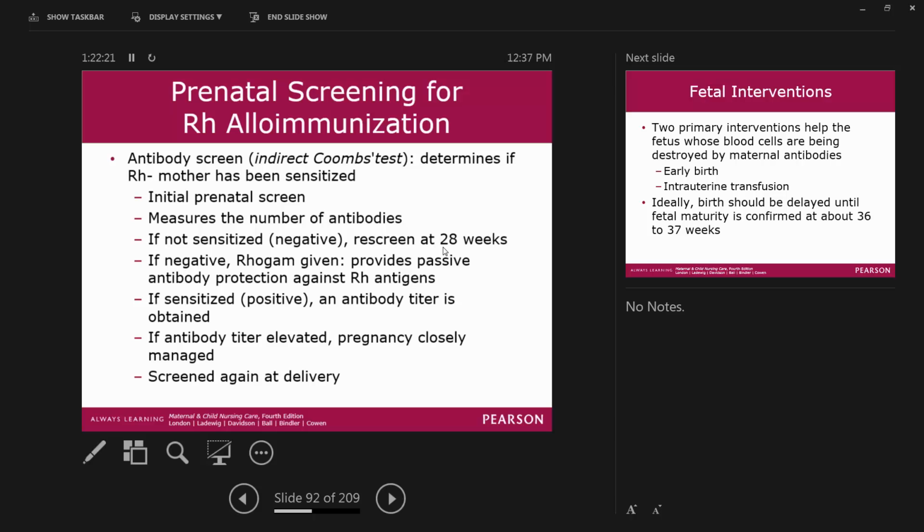Okay? And then when she goes and delivers, if her baby is Rh positive, then we test mom again, and if she's not sensitized, we dose her again. Okay? And this will hopefully prevent her from developing antibodies, so when she has a subsequent pregnancy, it's not going and attacking that next pregnancy.